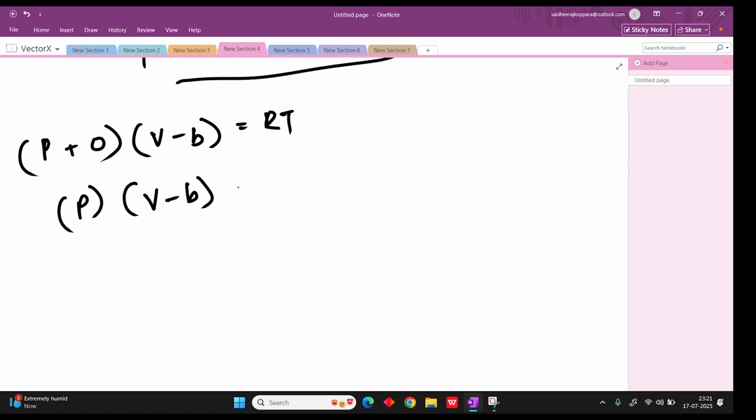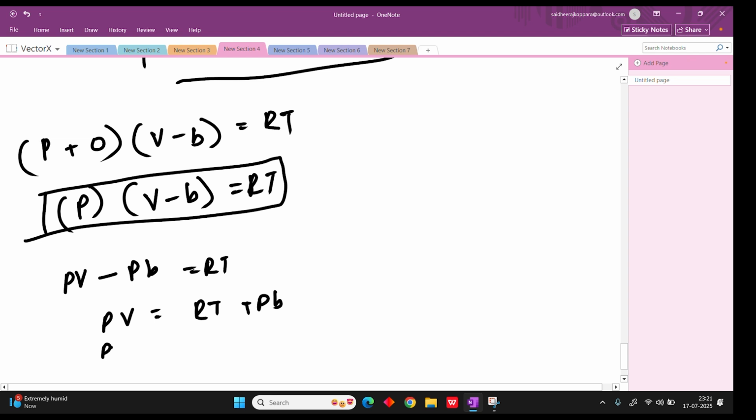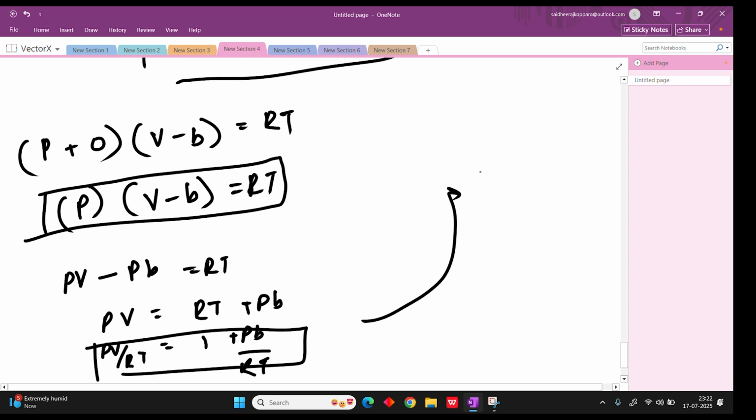So your P into (V minus b) equals RT. This is what your equation is. And again you multiply, PV minus Pb equals RT, and PV equals RT plus Pb. Now divide the whole equation by RT. Then Z equals 1 plus Pb by RT. This is the equation.